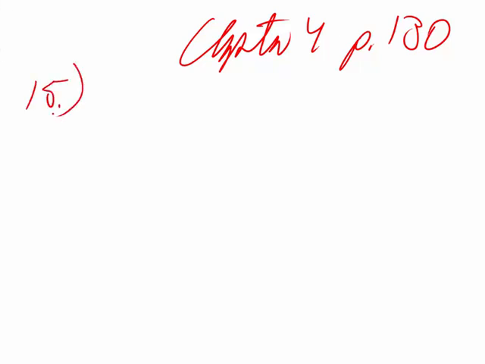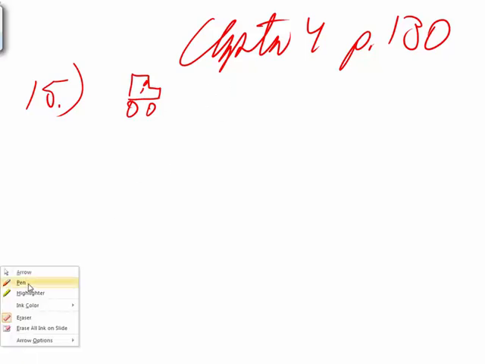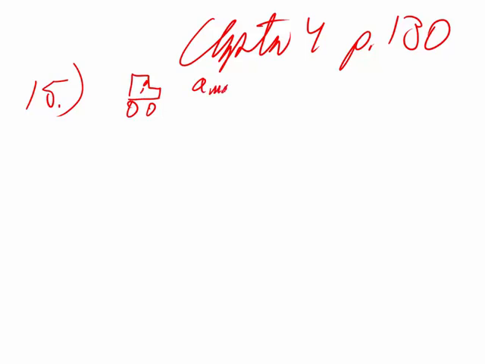All right, and it says we have a compact car that has a maximum acceleration. I got a person in here driving it, and its acceleration max is 4 meters per second squared.